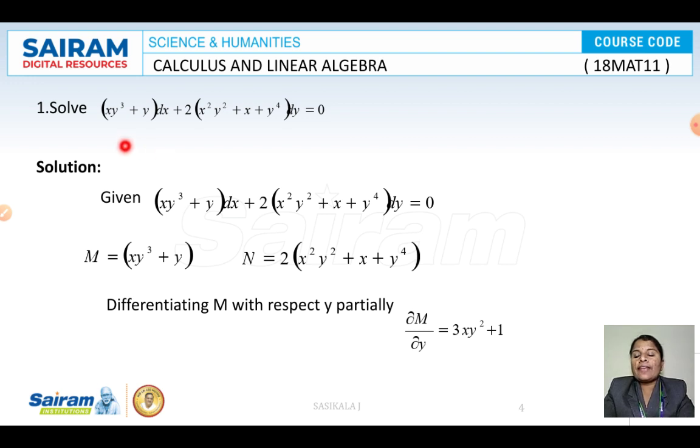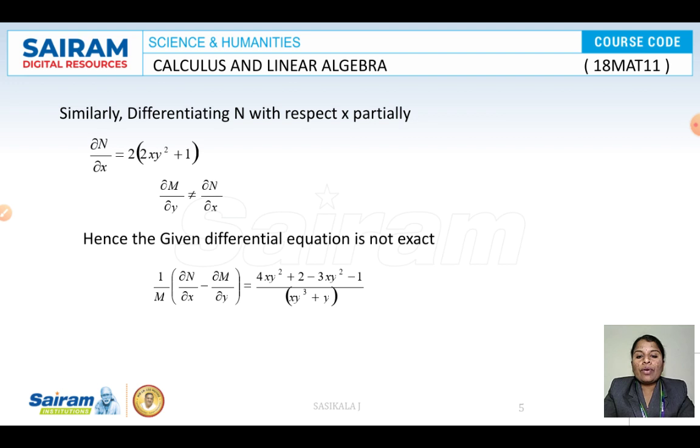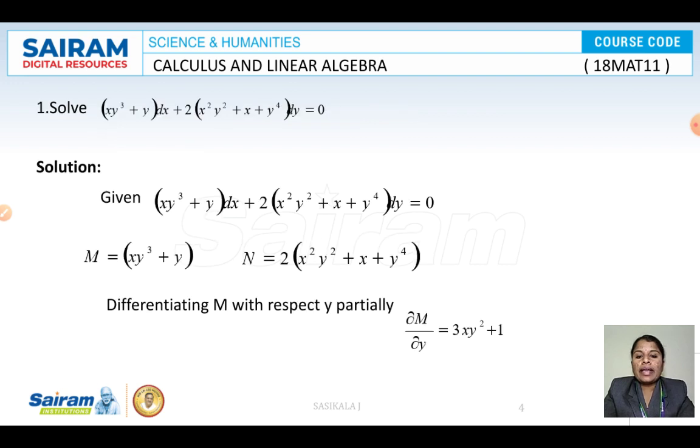Solve (xy cube plus y) dx plus 2 (x squared y squared plus x y power 4) dy is equal to 0. First, what is your M? From xy cube plus y into dx, the dx coefficient will be your M. And the dy coefficient will be your N, so N is equal to 2 (x squared y squared plus x y power 4).